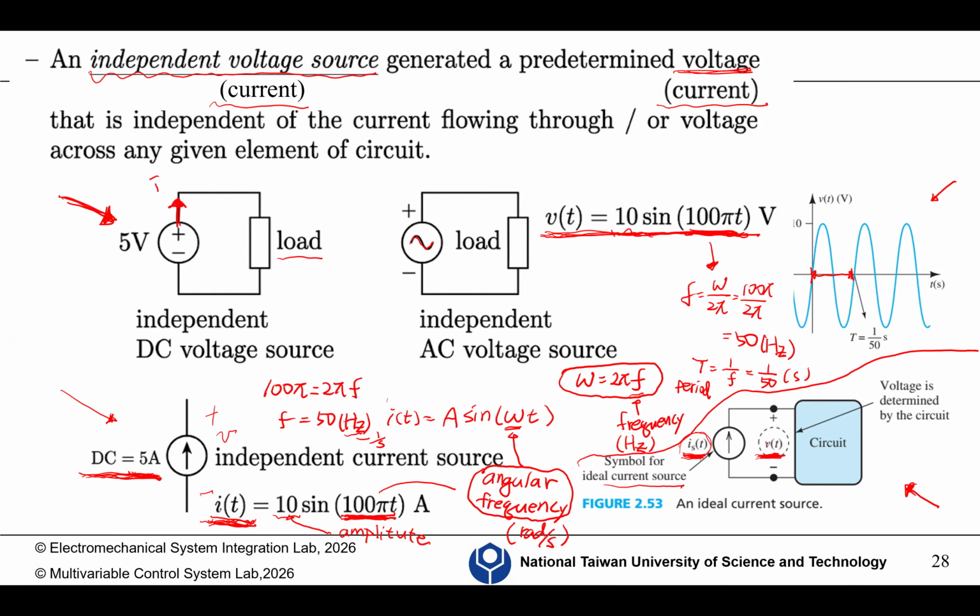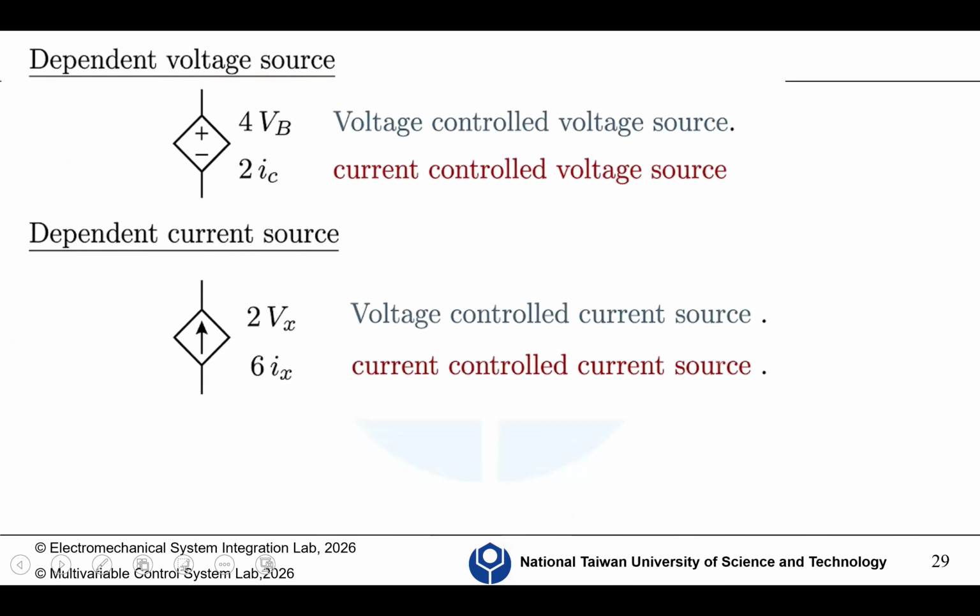But the value of the voltage depends on the circuit it connects to. Okay, this is what you should know about. So we have independent voltage source and independent current source.